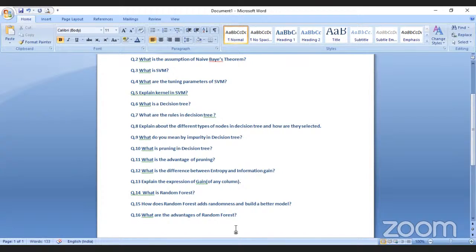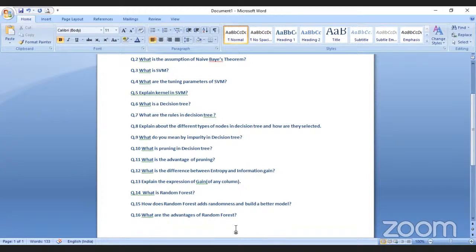So it gives a reliable accuracy which doesn't give any overfitting problem, and it also works very well on larger data sets. It can handle thousands of input variables without deletion, and it also handles outliers and missing values very well.